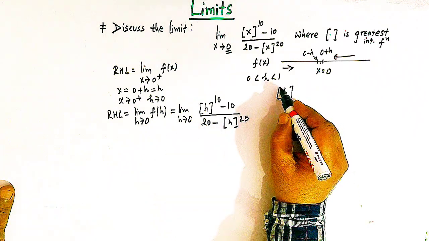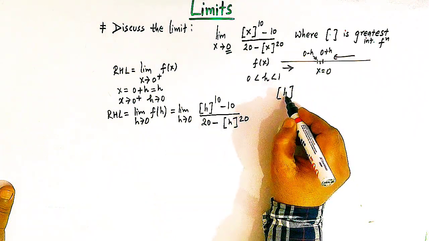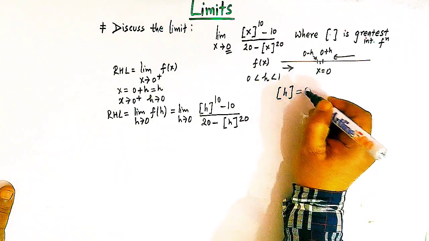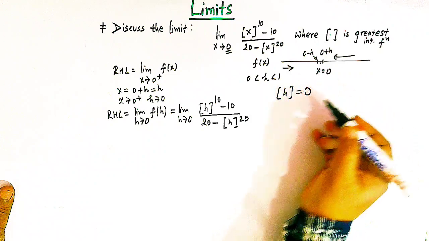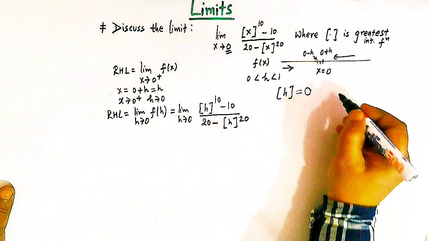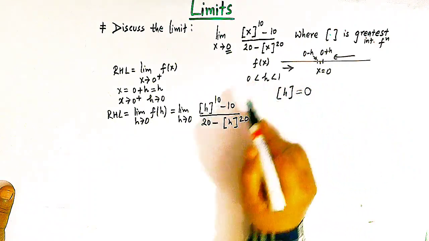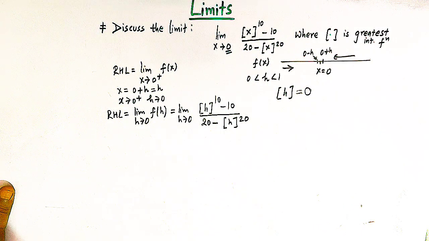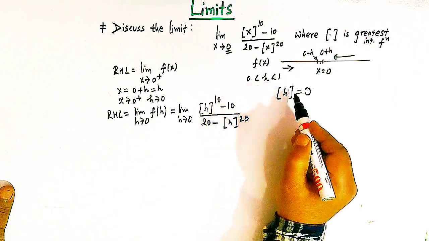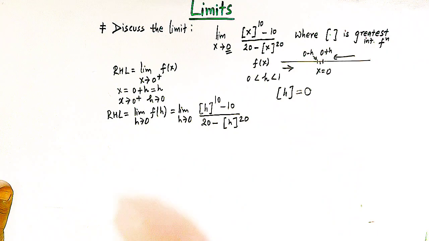So we write the greatest integer of h as simply 0, because h is infinitesimally small and very close to 0, so it lies between 0 and 1. So the greatest integer of h should be equal to 0.